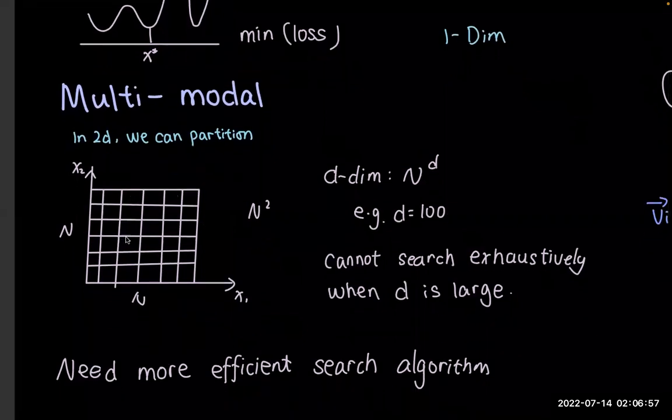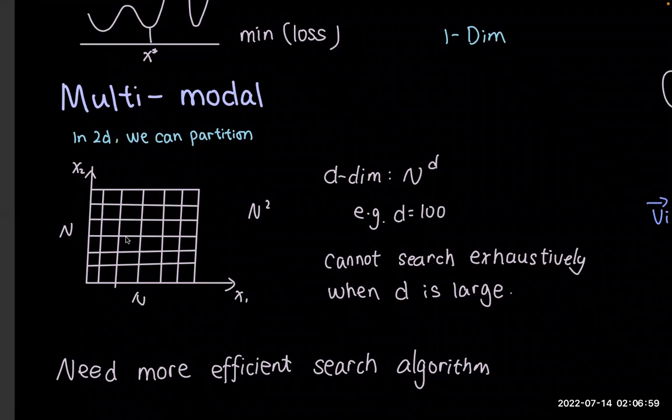But this type of method quickly becomes infeasible because in the d-dimensional situation, suppose you divide each dimension into n grid points, and then together you have n to the power d grid points. In two dimensions, you have n squared grid points, right? But in d dimensions, you have n to the power d grid points.